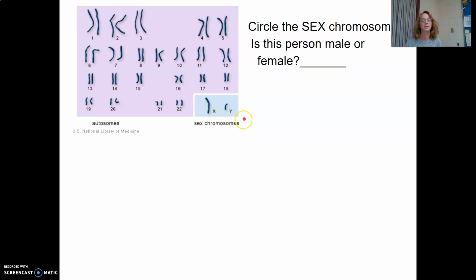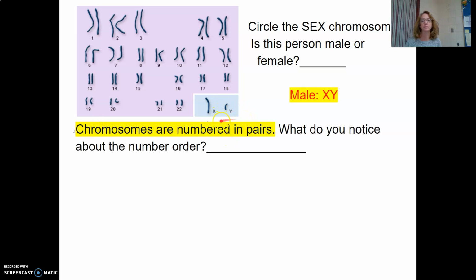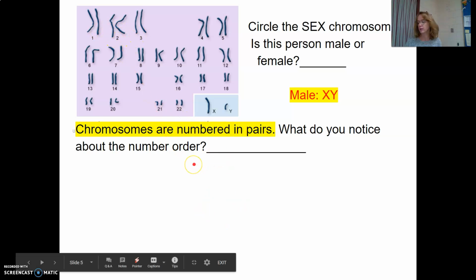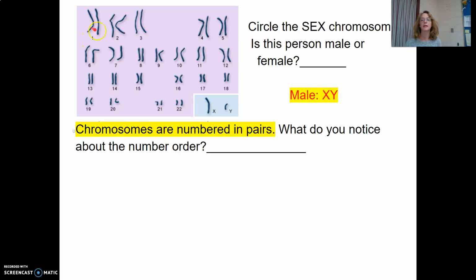You need to know that boys have the Y. Notice also the chromosomes are numbered in pairs. Hopefully you can notice something about the order, and that is that it goes by size. So chromosome pair number 1 is the biggest, 22 is the smallest, and then X and Y get their own little corner. It has nothing to do with size because they are the gender determining chromosomes. All these other chromosomes determine everything else about you.